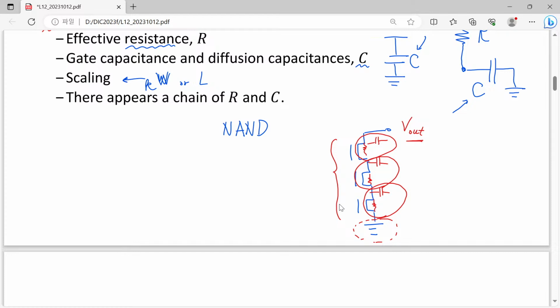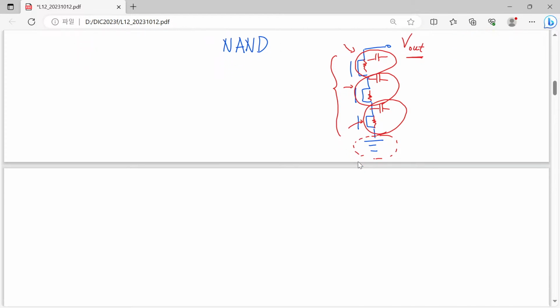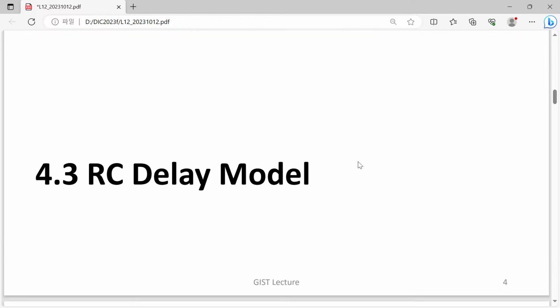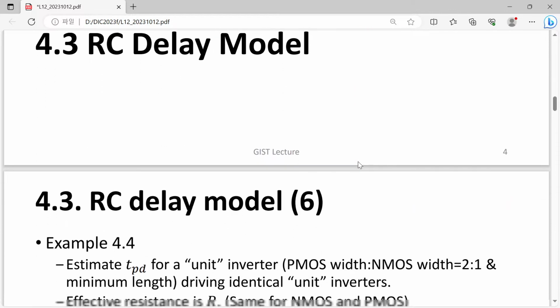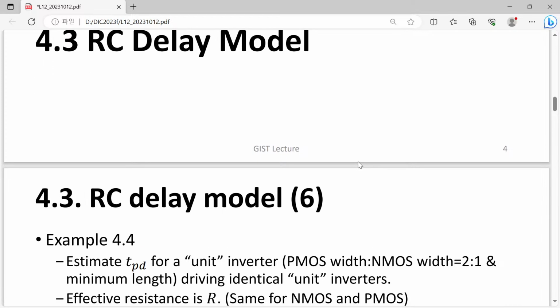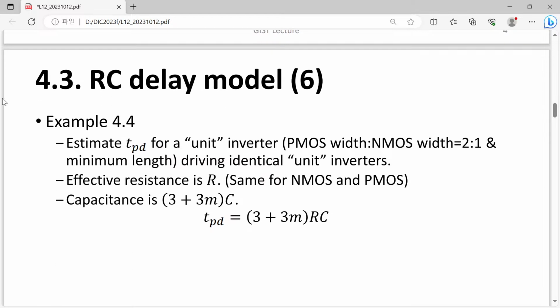Everybody can understand: we have already made a simple approximation, so we don't improve the result by solving this RC network accurately. That's the reason why we have to consider an even quicker way to estimate the delay. So anyway, let's go to an example taken from our textbook.